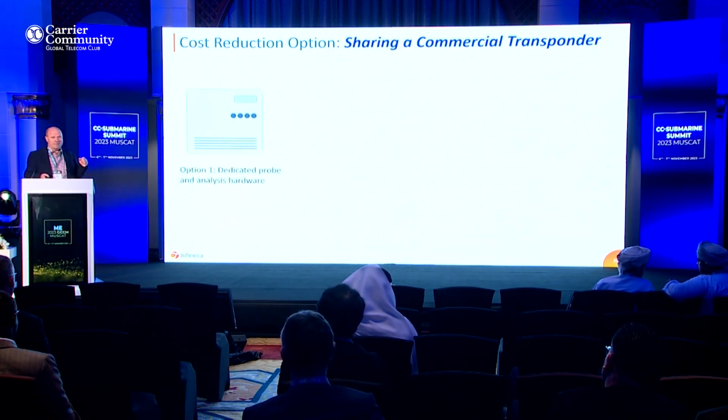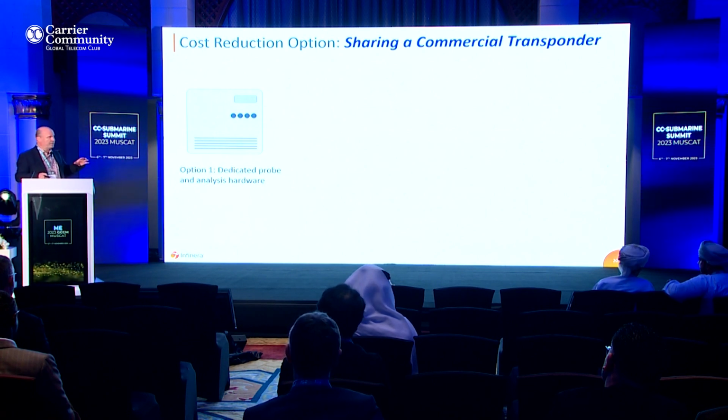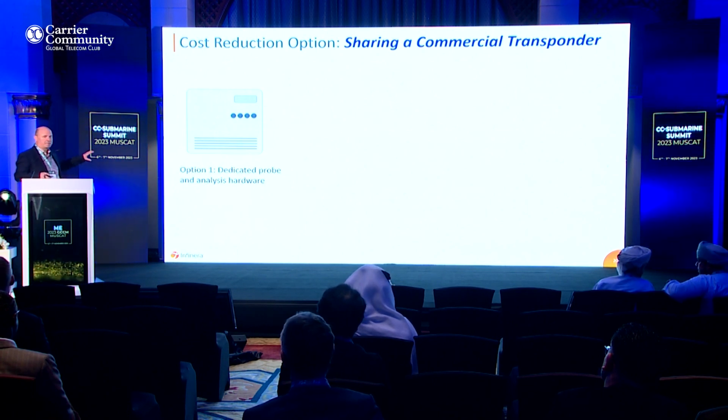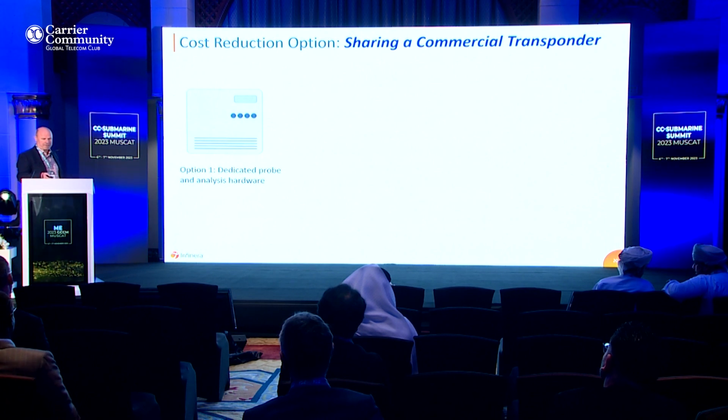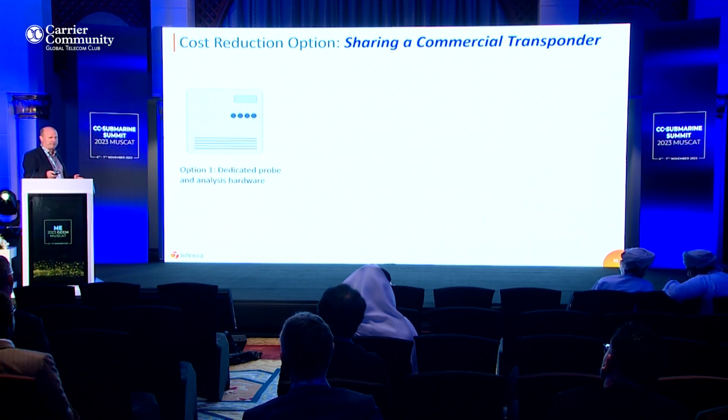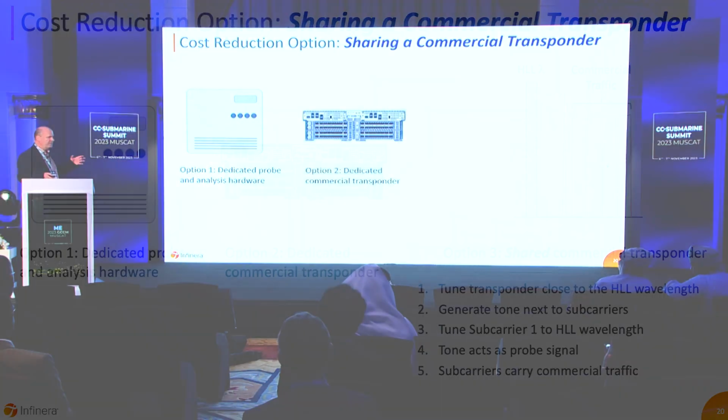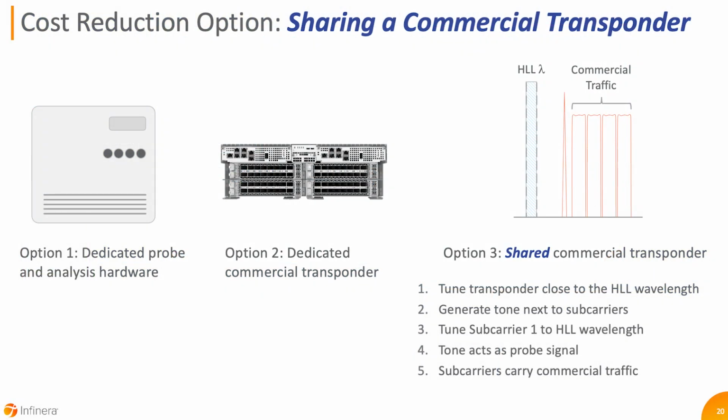So in summary, we have a dedicated probe for the analysis, hardware and software and all the associated. We can have a dedicated commercial transponder, which will do the job. And we can have a shared commercial transponder, as I already mentioned, using an existing transponder.